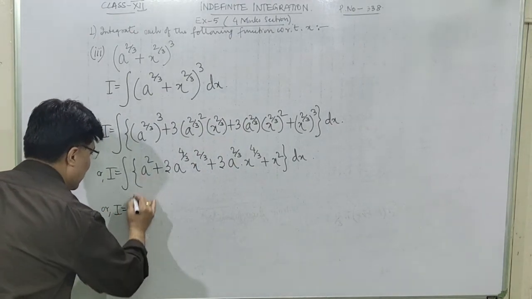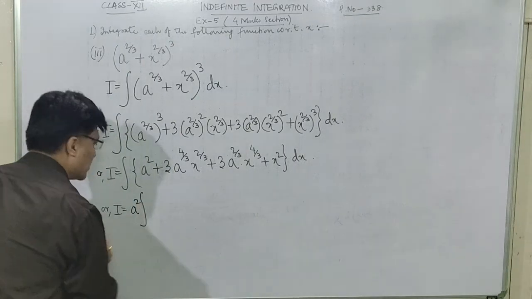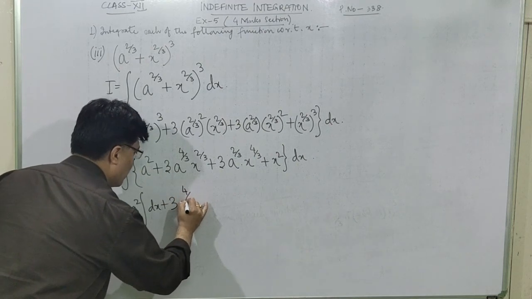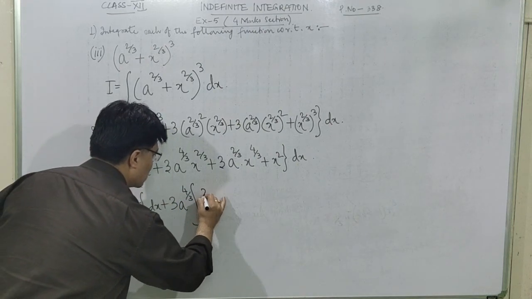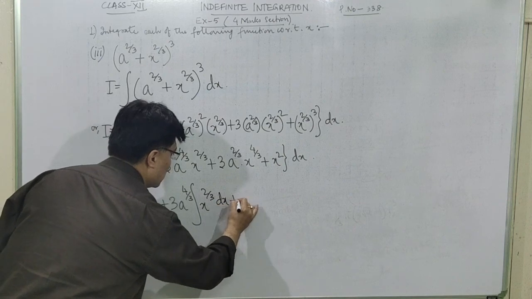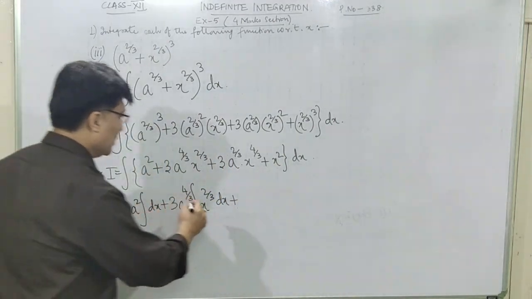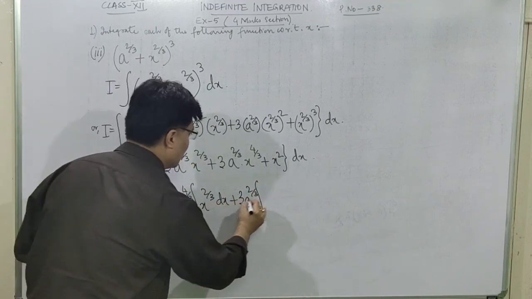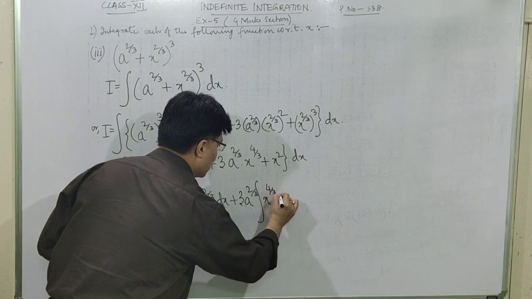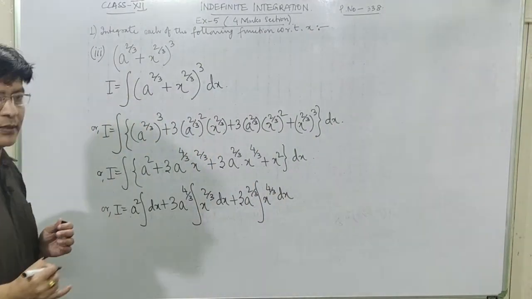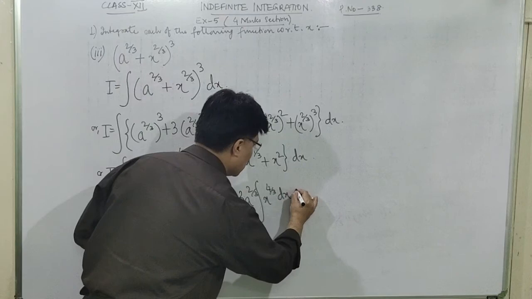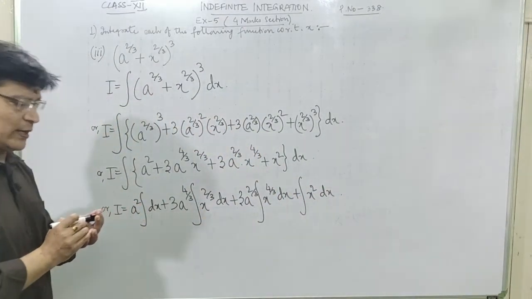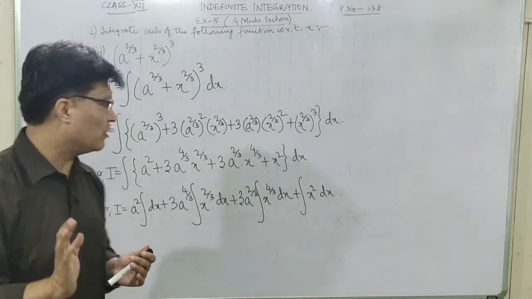Or I is equal to a square is constant, it is taken outside, integral sign dx, plus 3a to the power 4/3 constant, integration of x to the power 2/3 dx, plus next 3a to the power 2/3 is constant, integration of x to the power 4/3 dx. Is that clear? Next, plus integration of x square dx. So here x square is the variable. I think you have understood it.